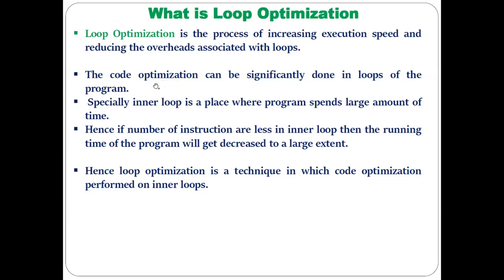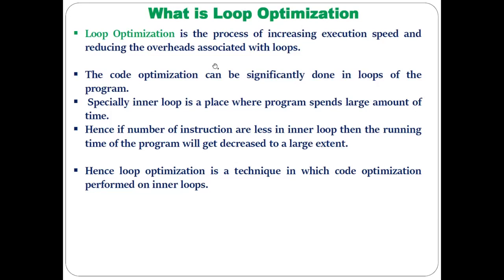So that is code optimization: making changes, modifications or rearrangements in the intermediate code without affecting the correctness or the final meaning of the program. The original meaning of the program should not change. Accordingly, the modification is done under code optimization.